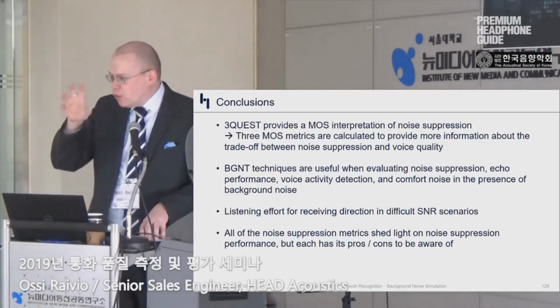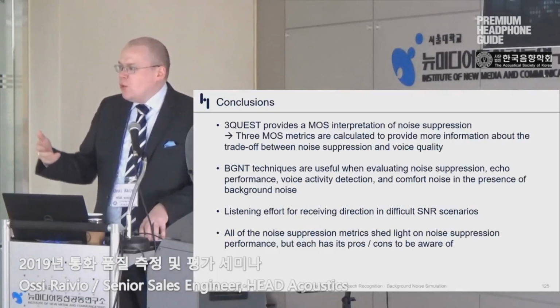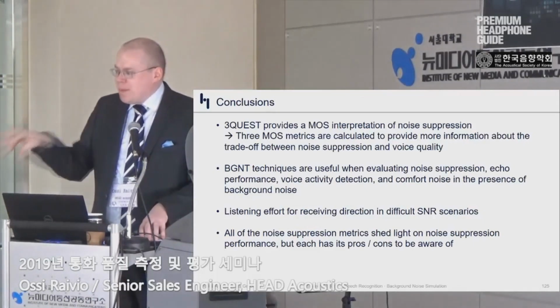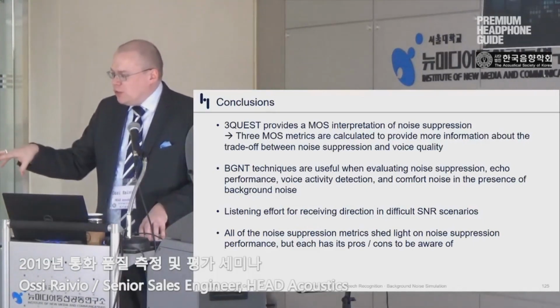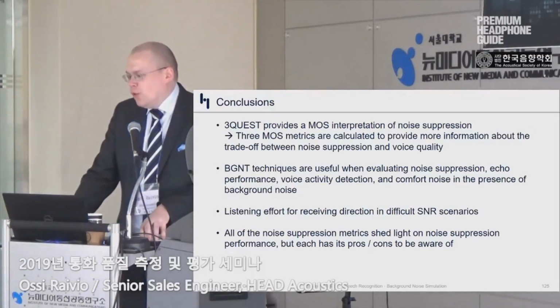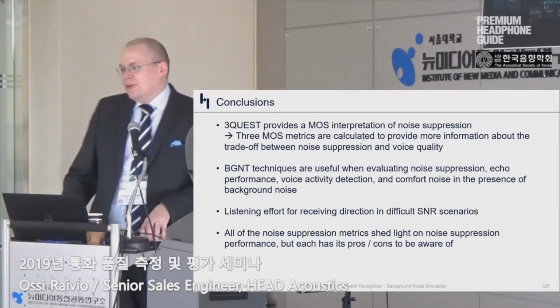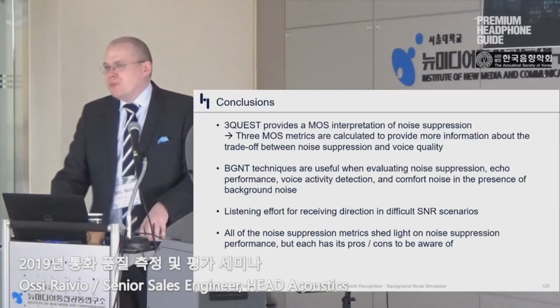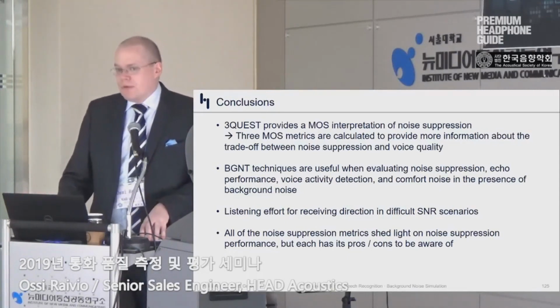Each of them has good points and bad points. So when you are selecting which metric you are using, you need to know what your device under test is, and you need to know the pluses and minuses of the different measurement methods to apply them correctly.